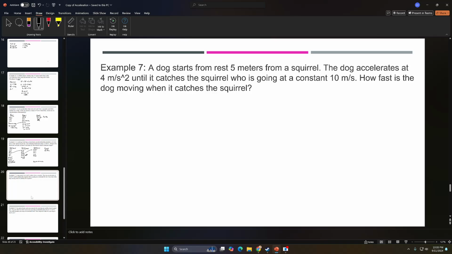Okay, we're back in action. This is another additional step we can do with these kinematics equations. So take a moment and read this problem and see what's interesting about it compared to the previous problems you've done in this unit.